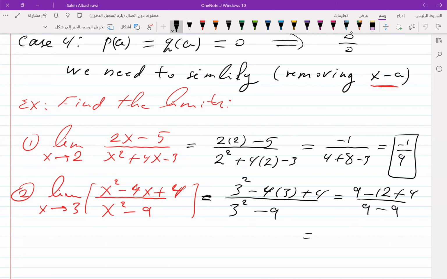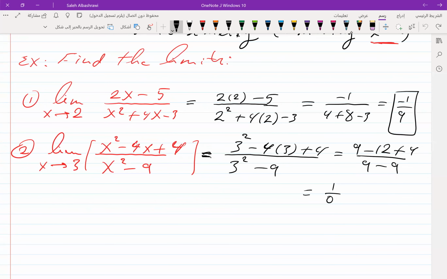And that's it. 9 plus 4 is 13 minus 12 is 1 over 0. And as we said before, we can't divide by 0. This is undefined, which means the limit does not exist. So the limit in this case does not exist because the denominator is equal to 0, but the numerator is not equal to 0.